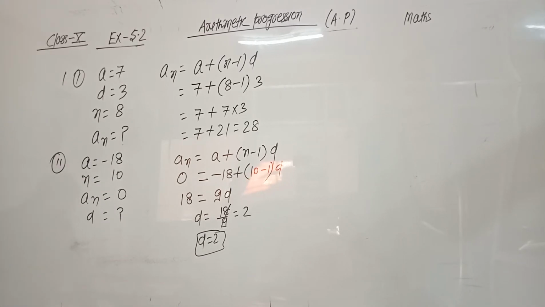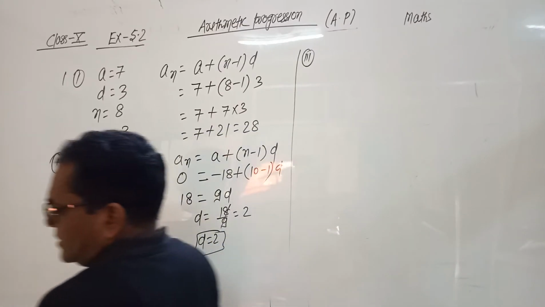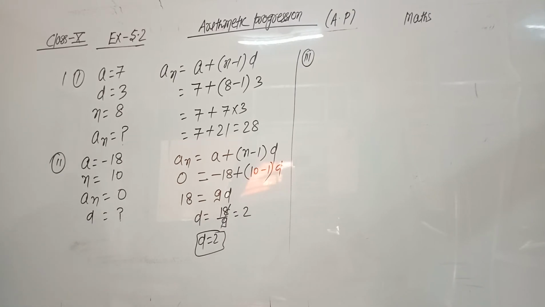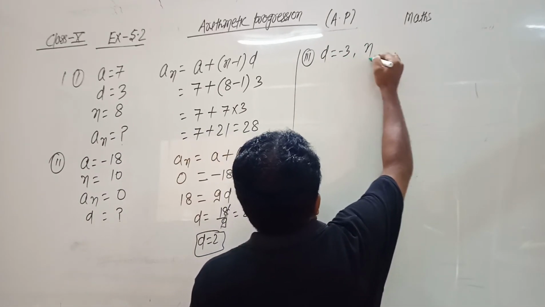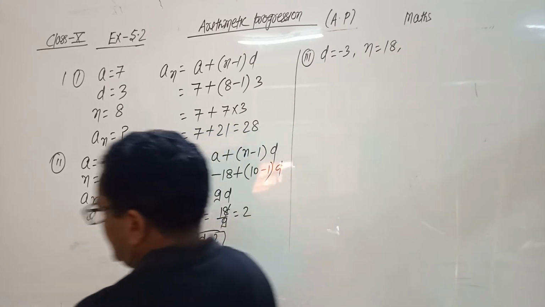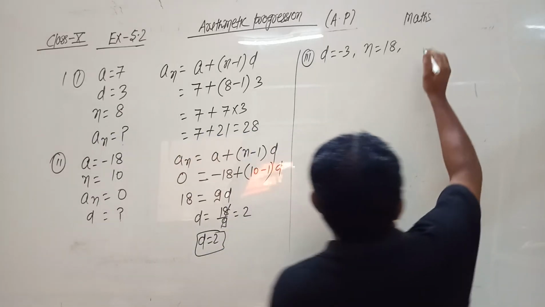So we get the value of d equals 2. In part 3, we have to find a. d is minus 3, n is 18, and an is minus 5. The value of d is minus 3, n equals 18, the number of terms, and an equals minus 5, the last term.